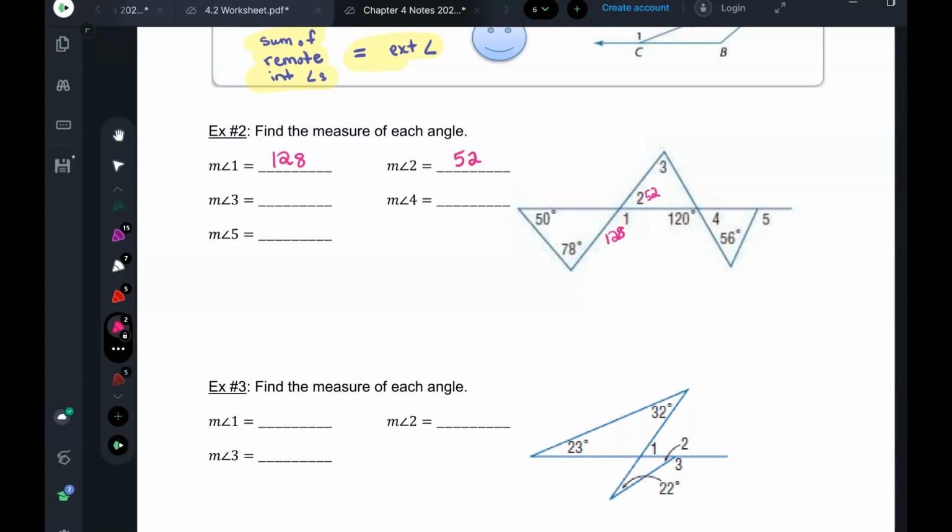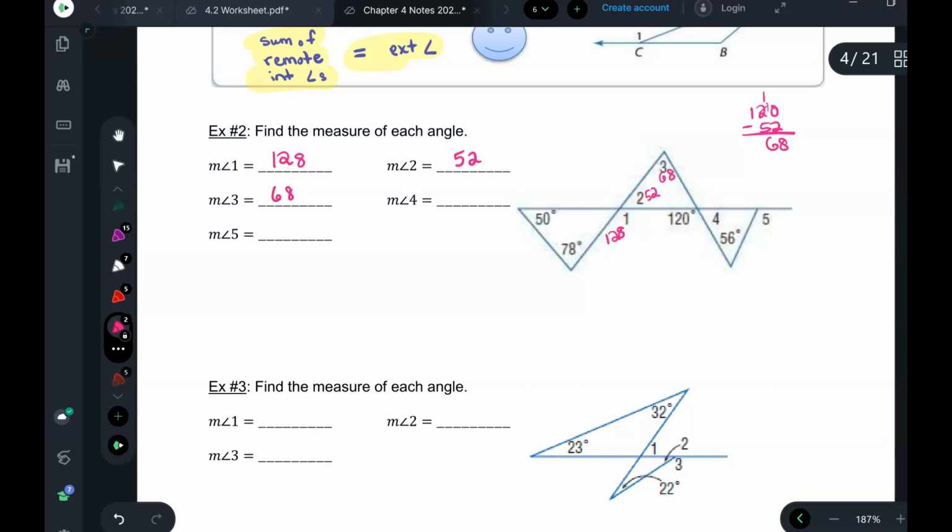What else? 120 minus 52 will give us our angle 3, because 120 is an exterior angle. So if I take 120 minus 52, that's 68. Good. So this has to be 68.